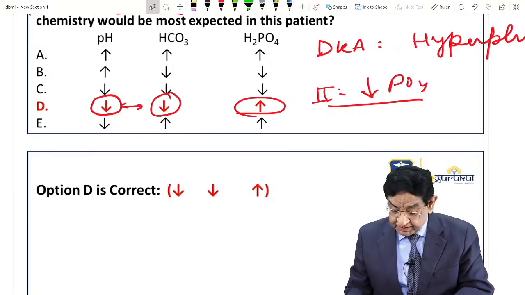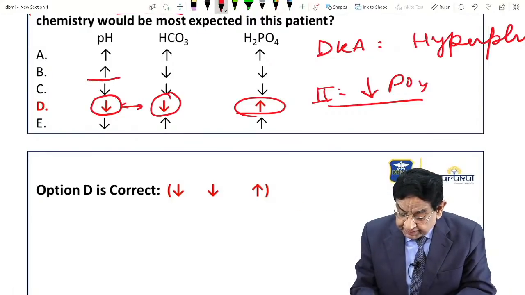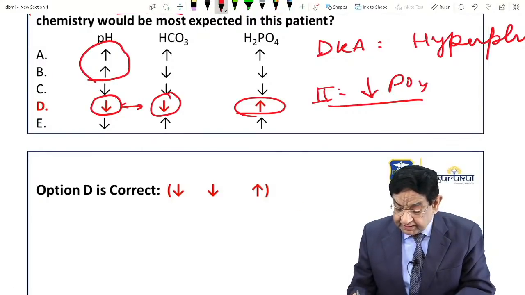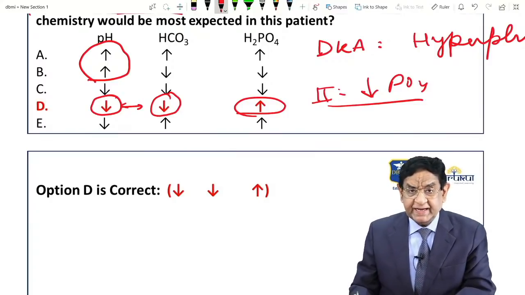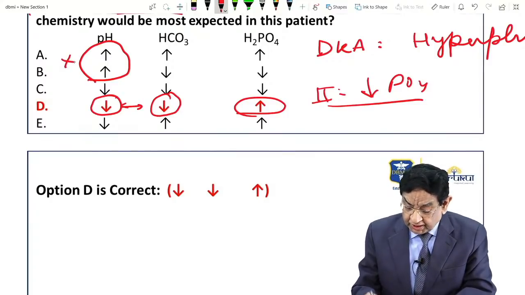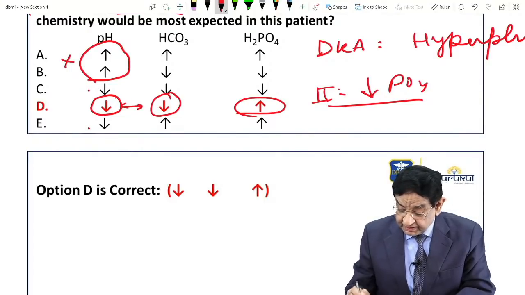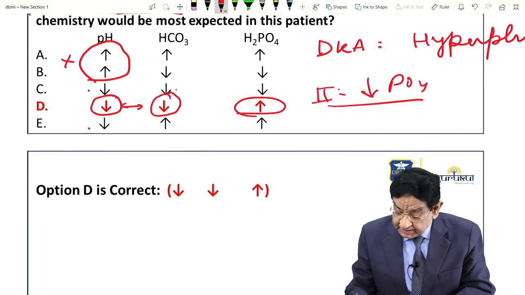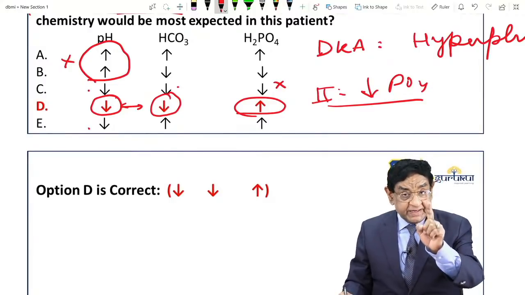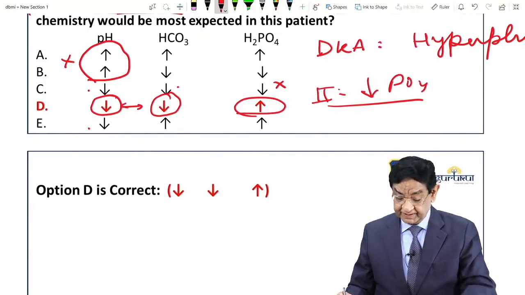So CO2 level will go down, but phosphate level will go high, because hyperphosphatemia is a feature of DKA. So what about these options? If the pH goes high in DKA acidosis, no way, ruled out. These two are possible. Bicarb will go down, yes, but phosphate level is increased in DKA.